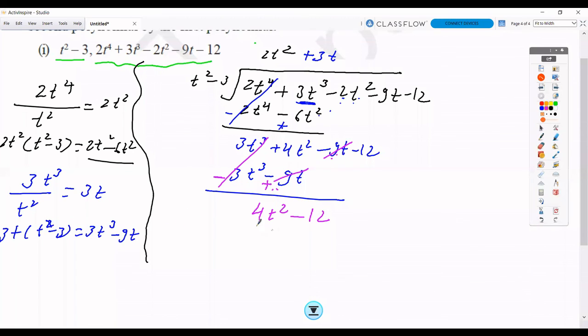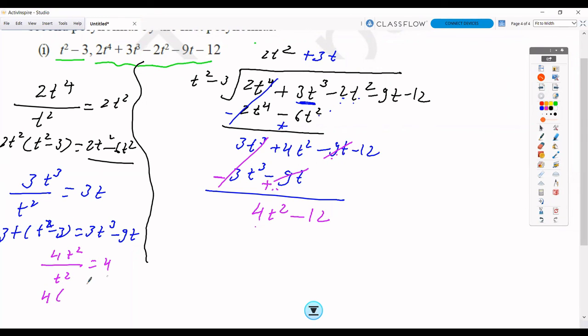Once again, the degree of this expression is 2 and the degree of the divisor is 2, so we can divide it. 4t square divided by t square, the answer is 4.